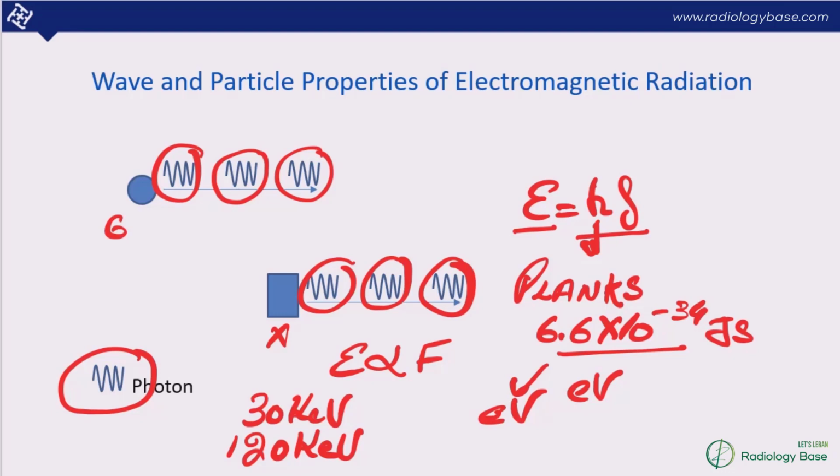One important thing here is that if it's a gamma source, most of the photons produced are of identical energies, whereas in X-rays there would be variation in the energies of the photons, and they will have a spectrum of energies.